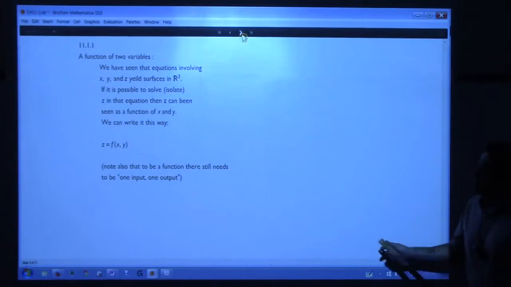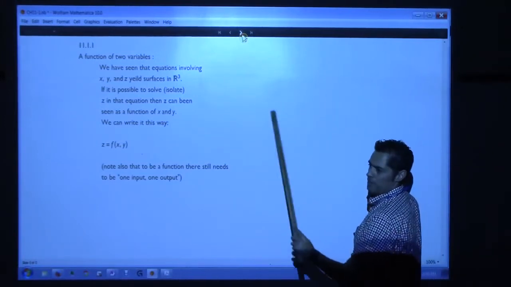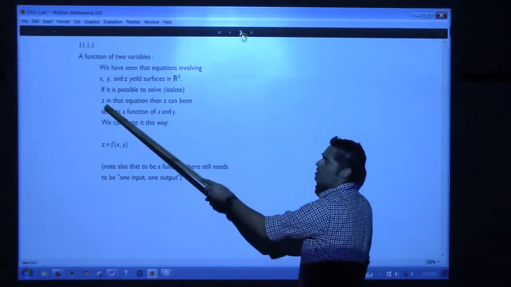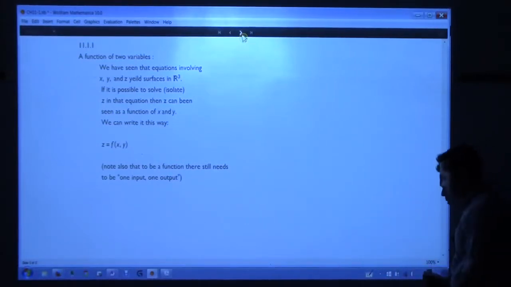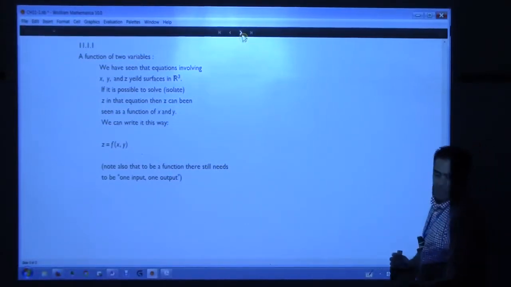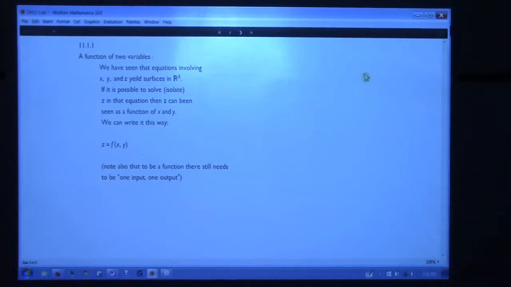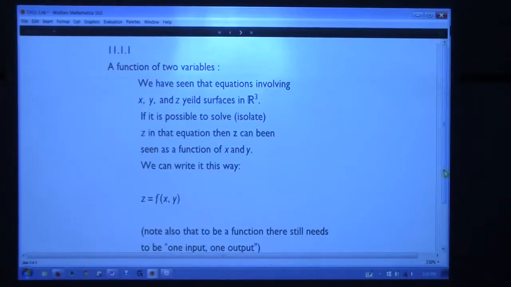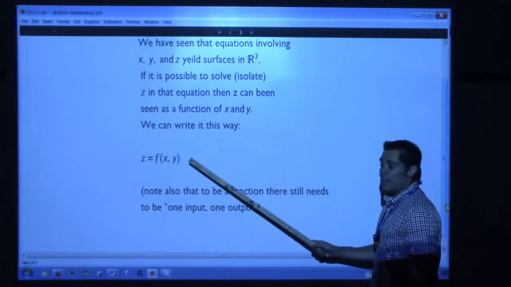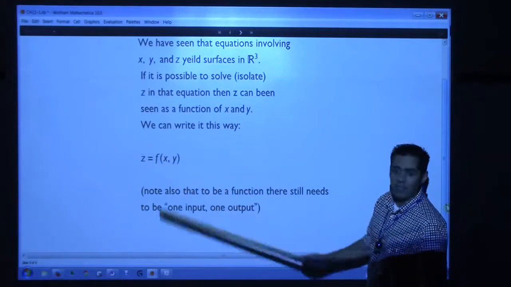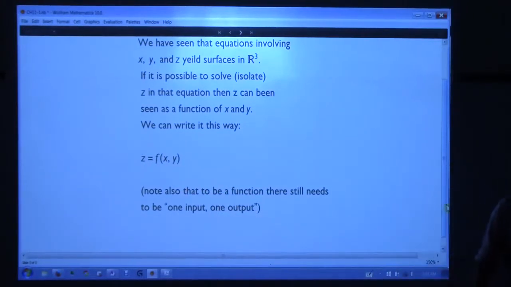But if you can take that equation and solve it for one of the variables, like z, so you get z on one side, then the other side of the equation just has x's and y's, then we can say that z is basically a function of x and y.